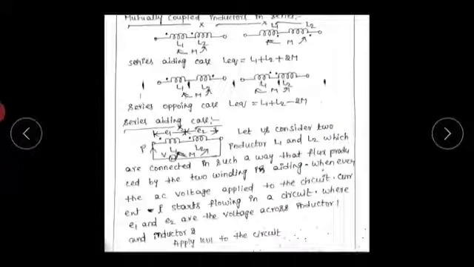Here also, in the first inductor current enters from the second end, in the second inductor the current enters from the first end. So these two circuits are series aiding connection and these two connections are series opposing connection. So the series aiding equivalent inductance formula and the series opposing equivalent inductance formula.